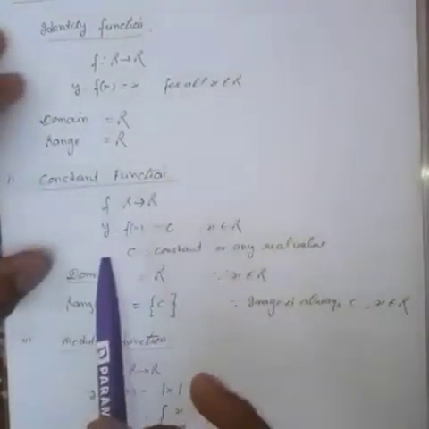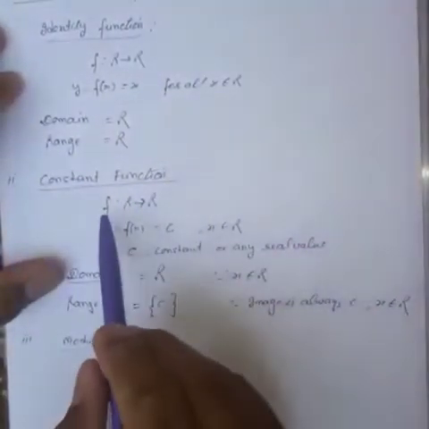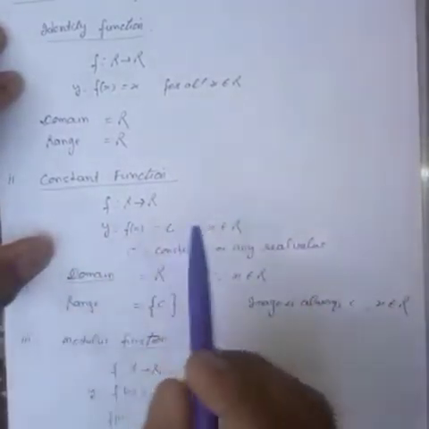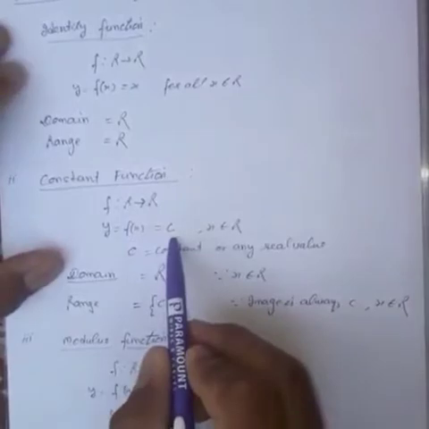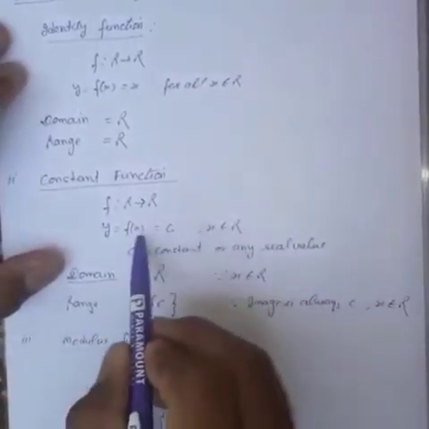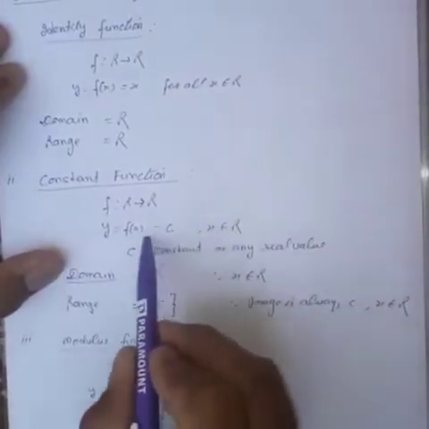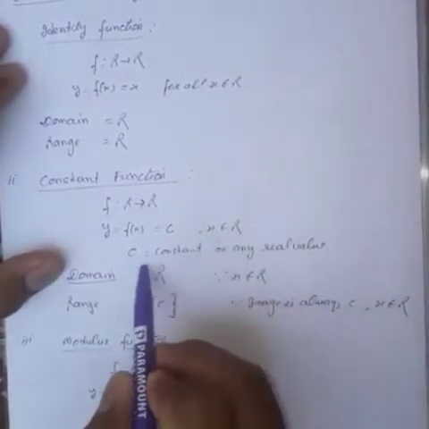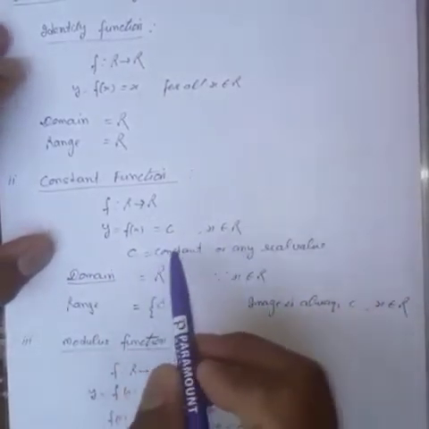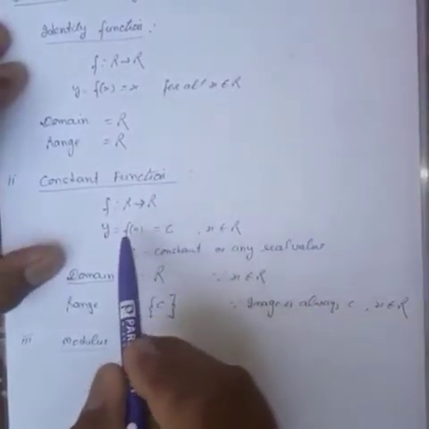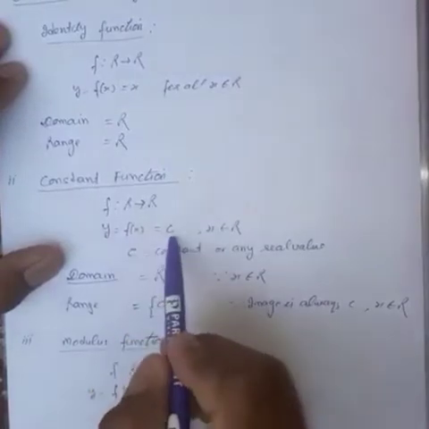Now the second, the constant function. A function from R to R is a constant function if f(x) is equal to c. Here x is any element of the set of real numbers R, which is the domain set, and c is any real number which is constant. It means the image of x under f is always c.